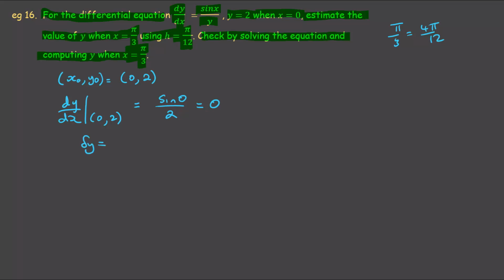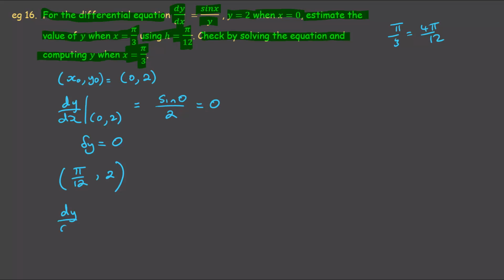Therefore, delta y is going to be 0. And so we are going to move to the point pi by 12, 2. Because the gradient is 0, the y will not have changed.